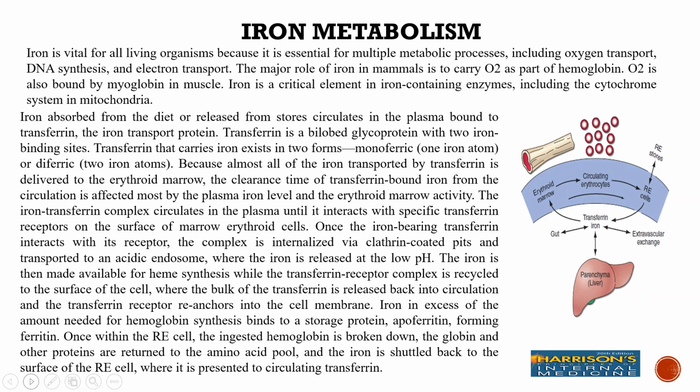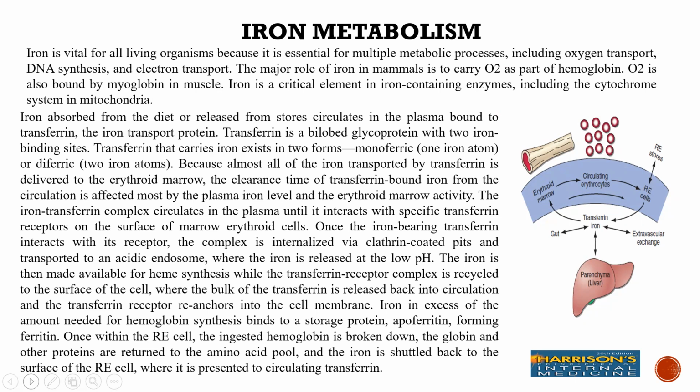The iron transferrin complex circulates in the plasma until it interacts with specific transferrin receptors on the surface of the marrow erythroid cells. Once the iron-bearing transferrin interacts with its receptor, the complex is internalized via clathrin-coated pits and transported to an acidic endosome, where the iron is released at the low pH.